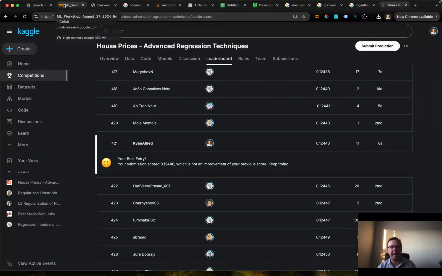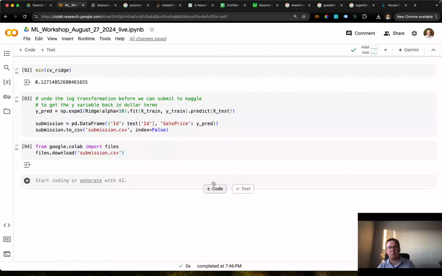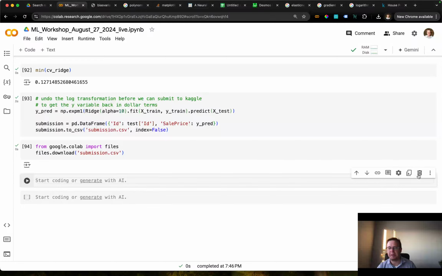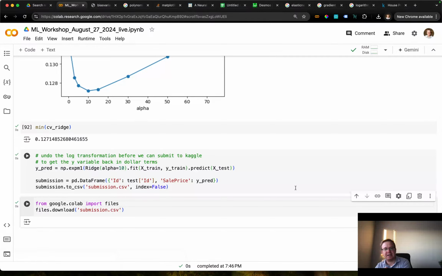Okay, we're doing pretty good. And with this, we're going to let this be our final discussion of linear regression and linear models. We now have regularized linear models, which is about as good of a predictive model as you can get with linear regression. We actually won't have a machine learning workshop next week.